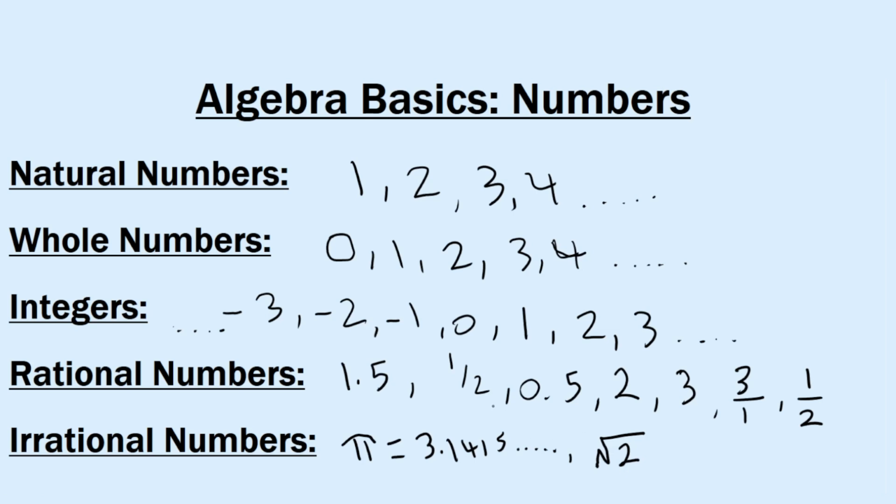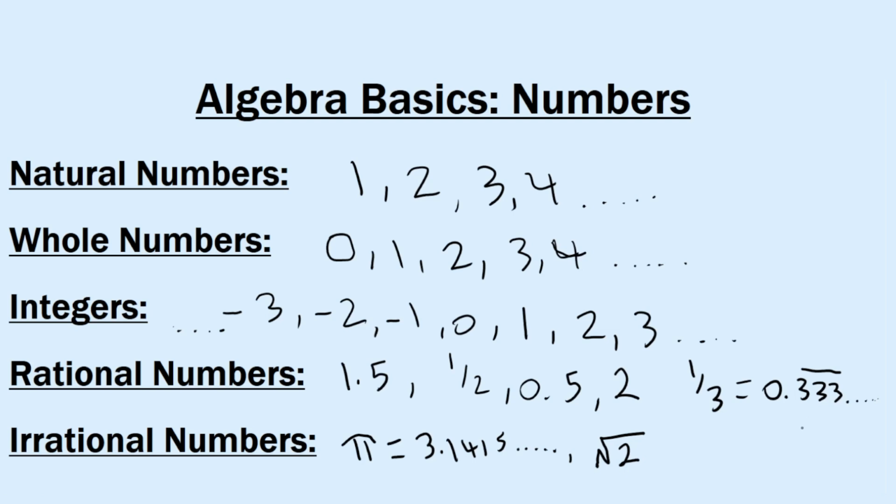Now, there are actually some rational numbers that go on forever, but they're still rational. For example, we have 1/3. 1 divided by 3, if you put it in your calculator, it's 0.3333 forever.